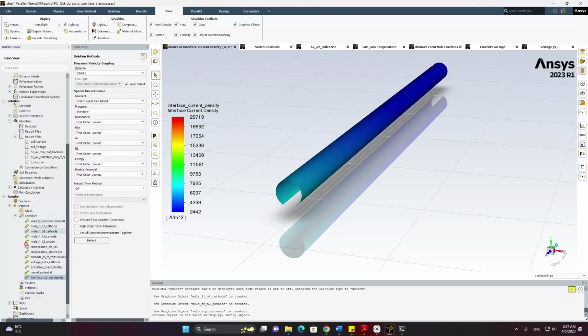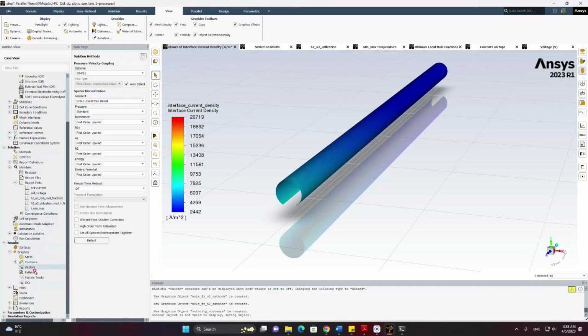So you can see all these graphics by importing them. You can also import the scenes.